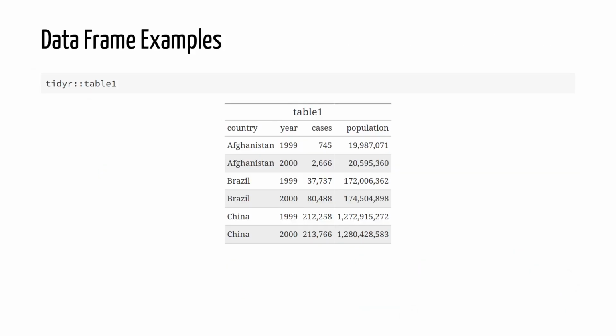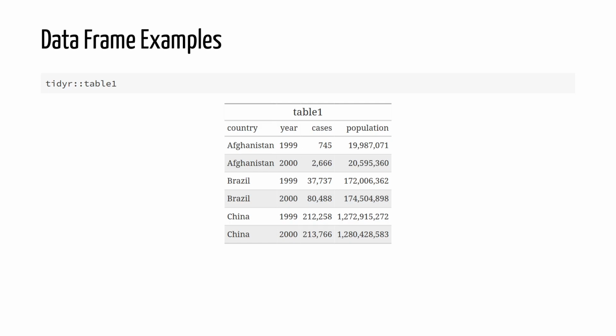So let's get started with a couple of examples. Just to make it even more explicit than before, we have table 1 here from the tidyr package, which is part of the tidyverse and is especially useful when you get messy data that you want to tidy up. So table 1 here, we can see we have 4 variables: country, year, cases, and population.